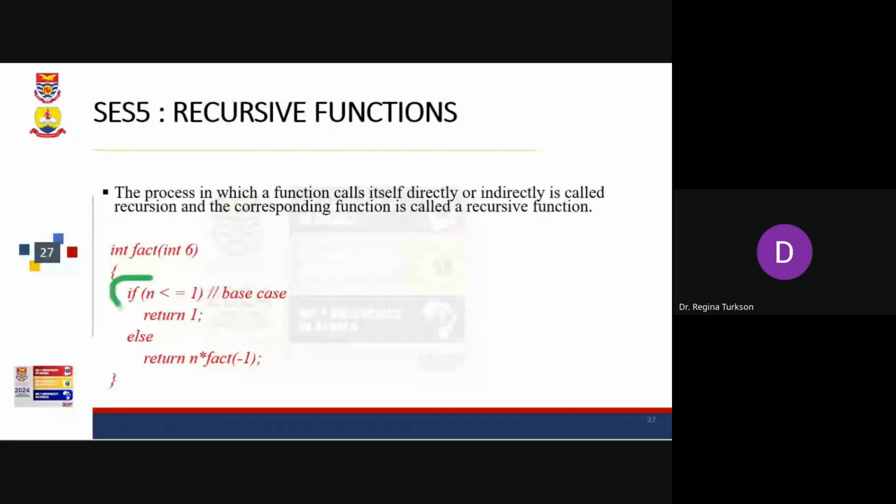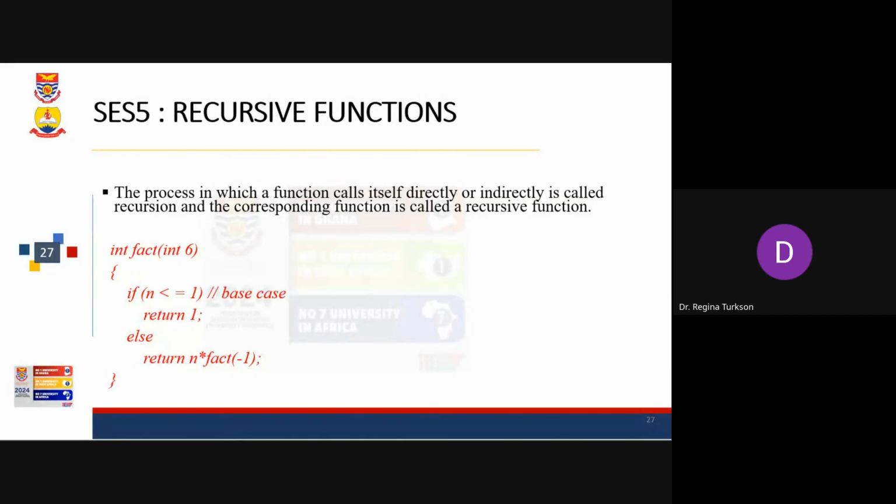If we want to trace this code, what we are looking at is 6. Is 6 less than or equal to 1? No. So we'll go to the else section. The else section says we should return n, and our n is 6. David, please write 6 for me. 6 multiplied by factorial of n minus 1.